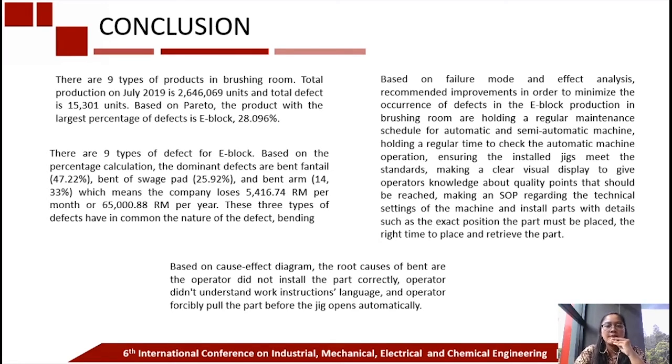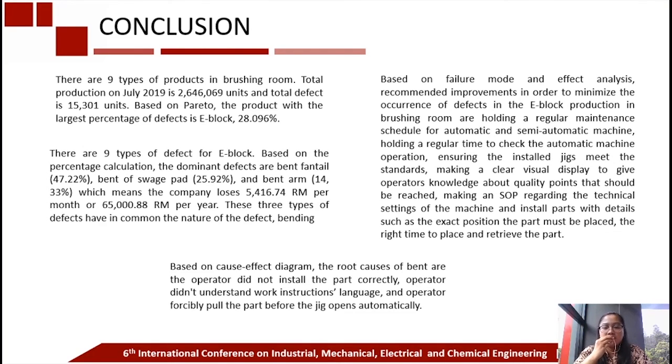Based on the failure mode and cause effect analysis, the recommended improvements in order to minimize the occurrence of defects are holding regular maintenance, holding a regular time to check the automatic machine operation, ensuring the installed jigs meet the standards, making a clear visual display to give operators knowledge about quality points that should be reached, making a standard operating procedure regarding the technical settings of the machine, installing parts with detail such as the exact position the part must be placed, and the right time to place and retrieve the part.